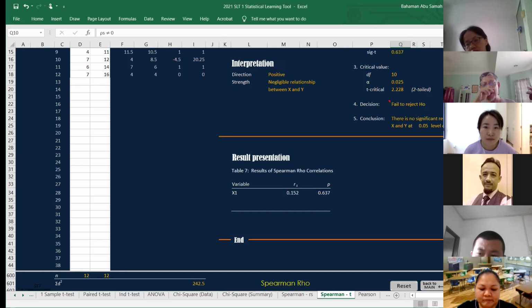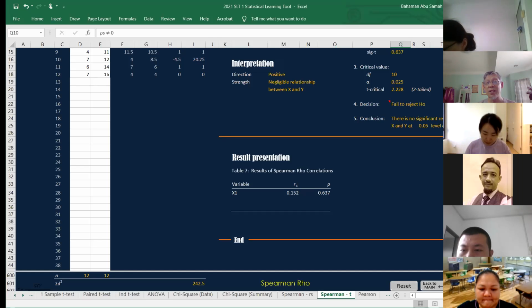So make sure you present the table accordingly, according to the sequence of your questions, depending on what the question asks, right? And then don't mix your answer with the SPSS output. SPSS output will be your appendix. Appendix will be at the back. Right?